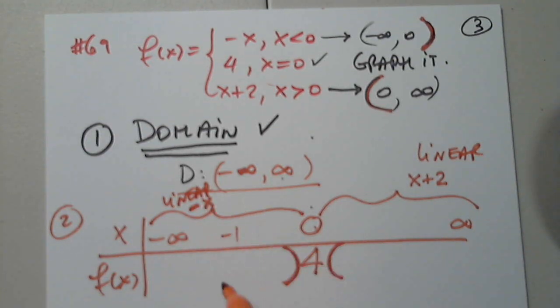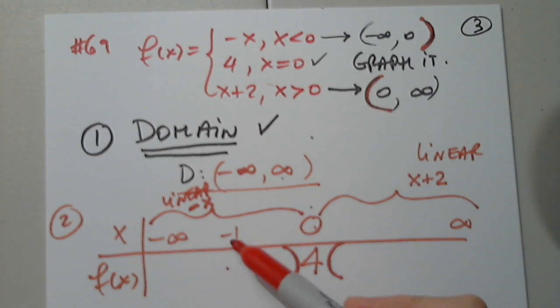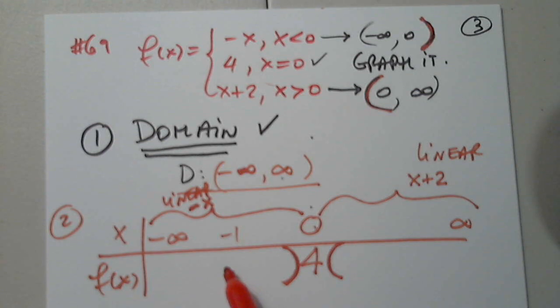When I plug in negative 1, can anyone tell us what y value we get? Perfect. I know I'm not allowed to plug in 0, but we'll see in a moment.